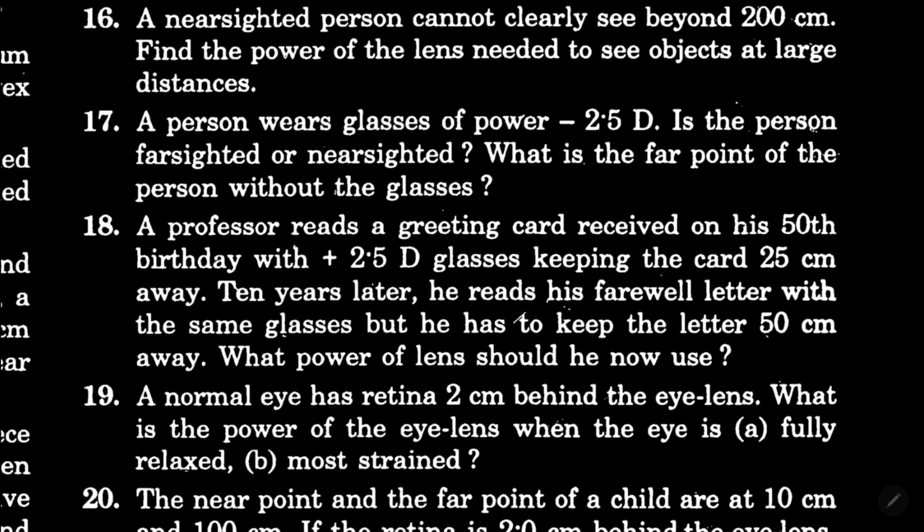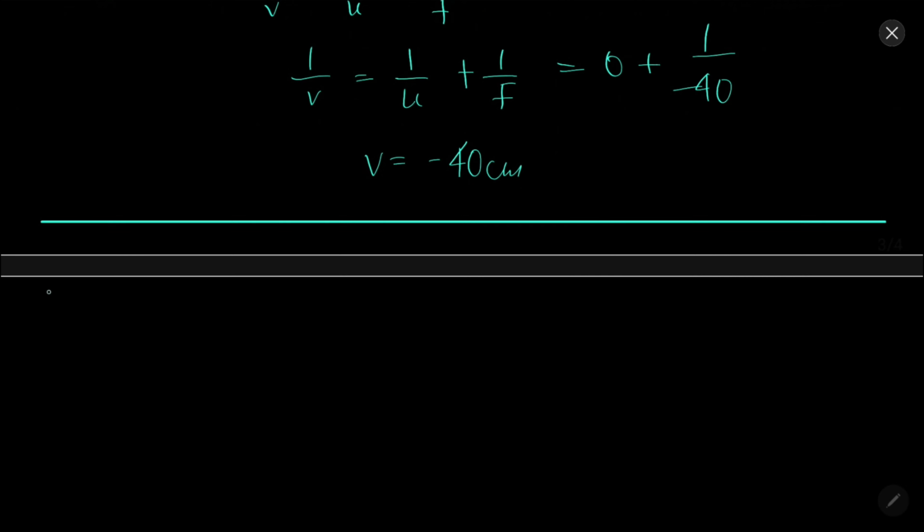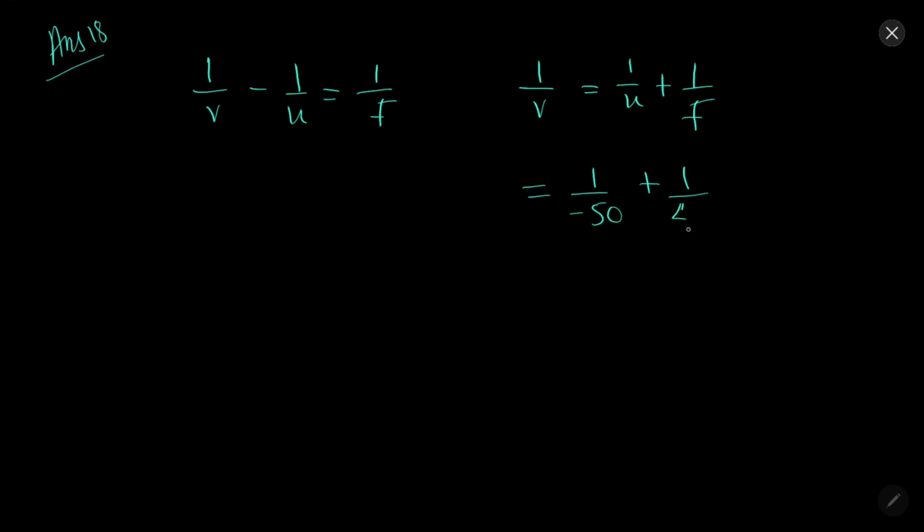In question 18, a professor reads a greeting card received on his 50th birthday with plus 2.5 diopter glass. What power of the lens should be used in the situation afterwards? Solution 18. So here 1 by V minus 1 by U is 1 by F, 1 by V equal to 1 by U plus 1 by F, 1 by minus 50 plus 1 by 40, 1 by 200.